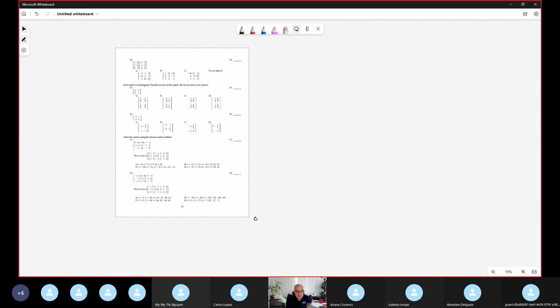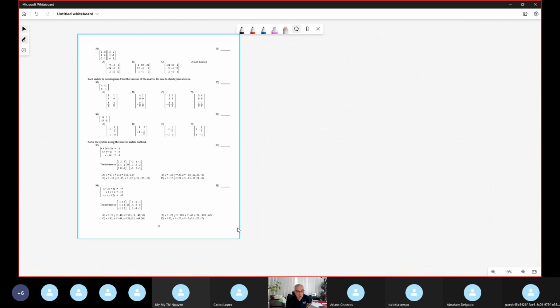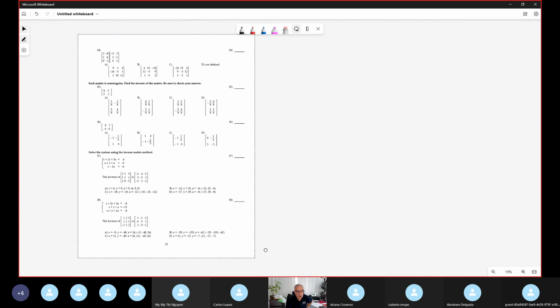You see it's impossible doing the multiplication. So it's totally not defined. Because the first matrix has 3 rows and 2 columns, multiplied by another matrix that is exactly the same, 3 times 2.